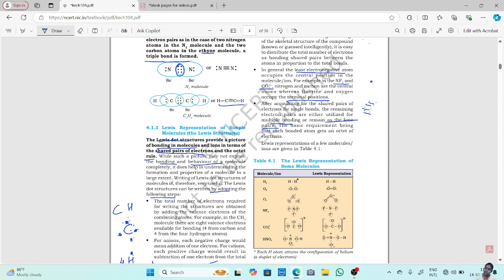Either those electrons can be used for multiple bonds or they can be kept like that, and we call them lone pairs. Now the basic requirement is that each bonded atom gets an octet of electrons. You can keep them as lone pairs also, or you can form multiple bonds, but eventually you should get an octet of electrons.